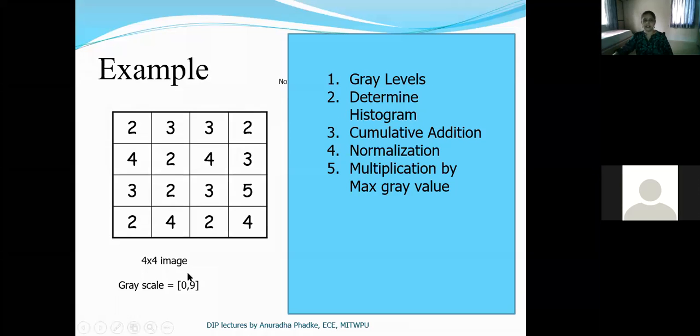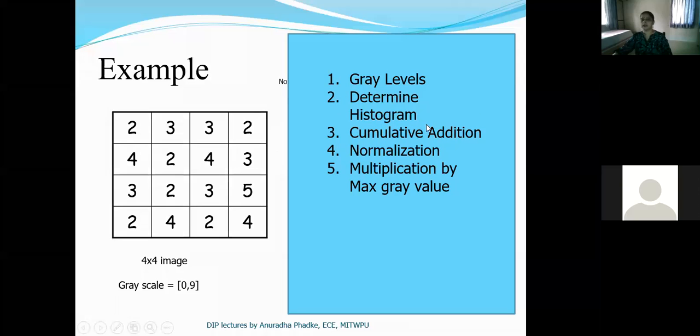In the given example, there are 10 gray shades, so we have to determine how many pixels belong to each of these gray shades, ranging from 0 to 9. Once we determine the histogram, the next step is to perform cumulative addition, because we have to determine the CDF, the cumulative distribution function of the original histogram.